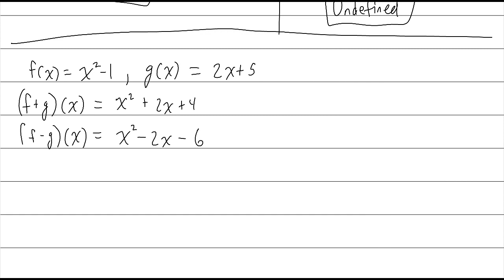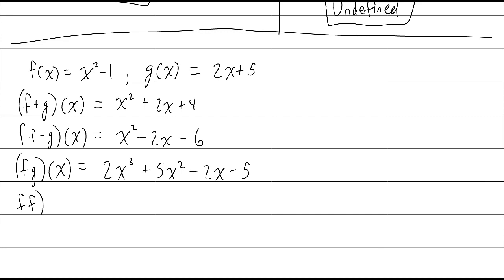We had f times g of x, and that one came out to x cubed plus 5x squared minus 2x minus 5. We had f times f of x. F times f of x came out to be x to the 4th minus 2x squared plus 1.